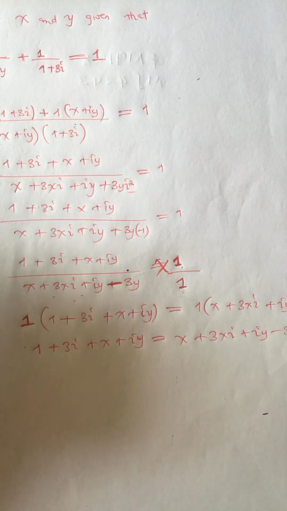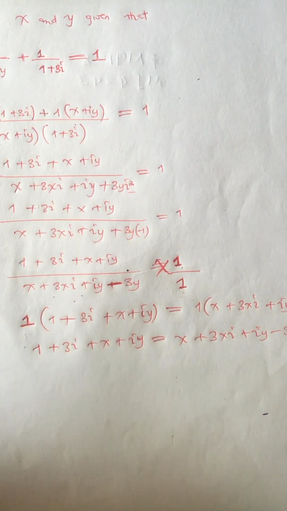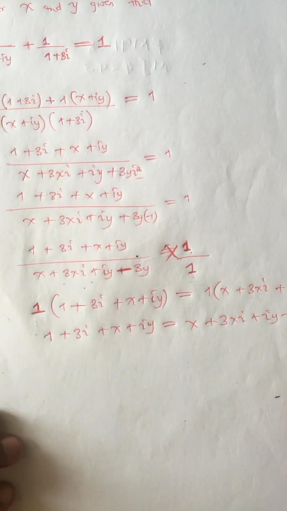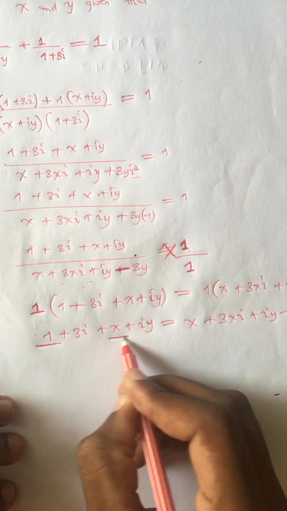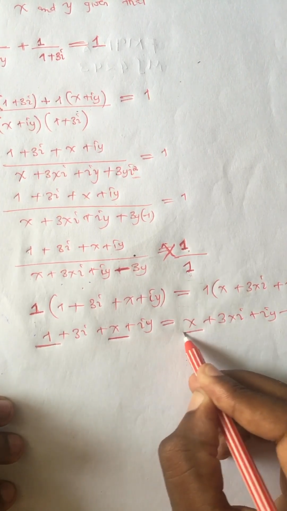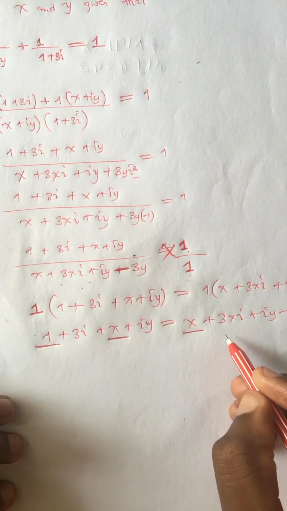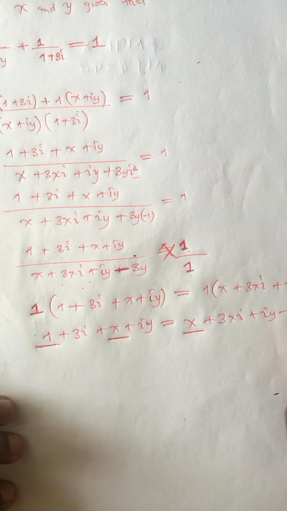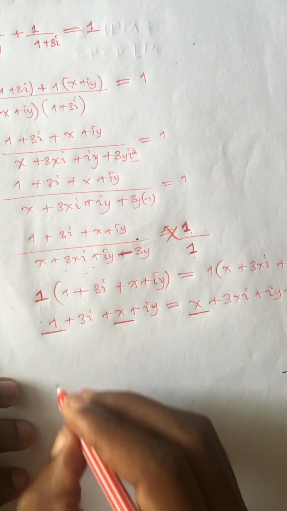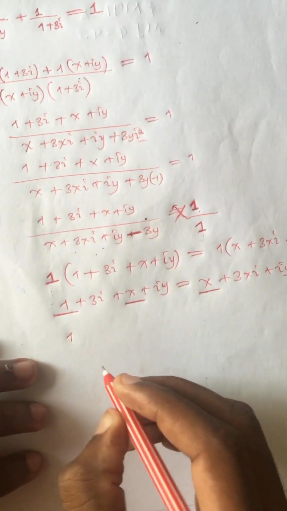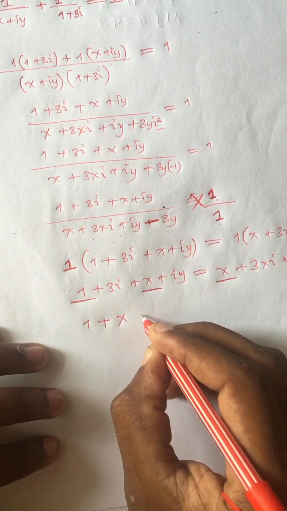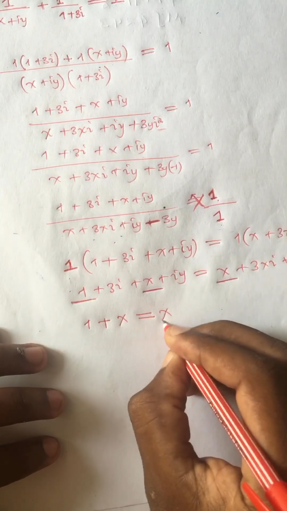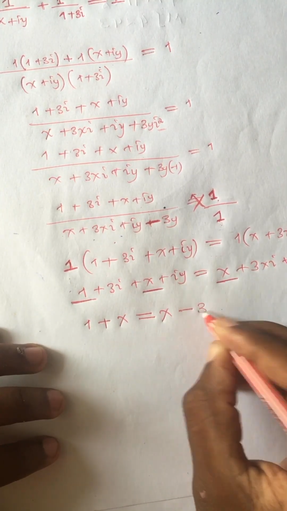Then the imaginary is a number and a complex number. Okay, so this one will be paired with just the x and the x, right? So we get 1 plus x, which will be equal to x minus 3y.